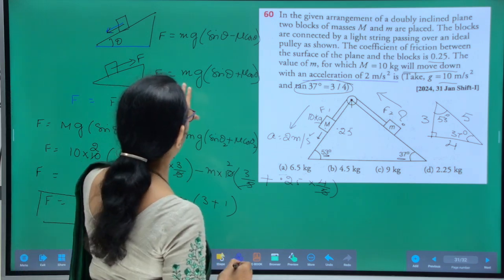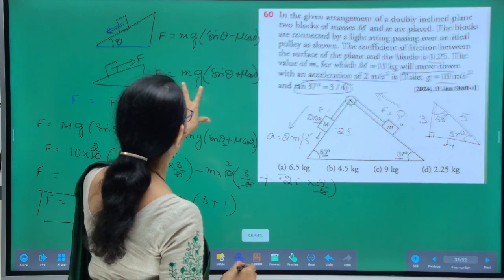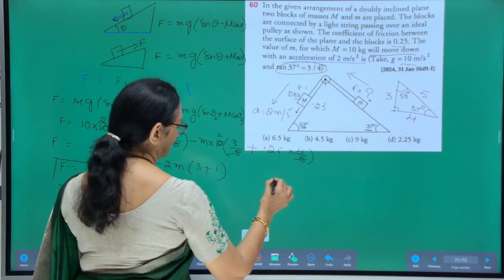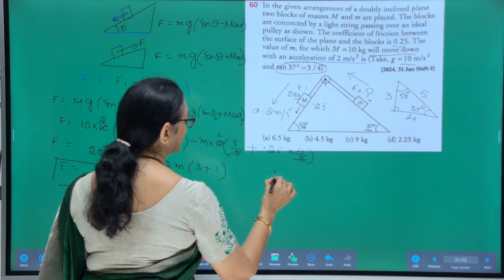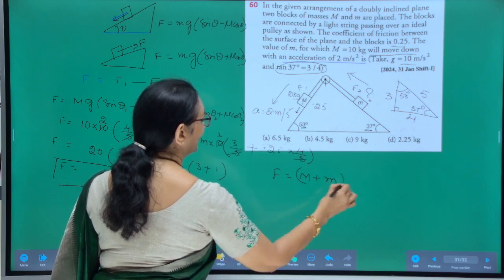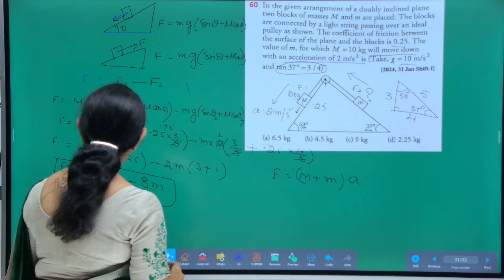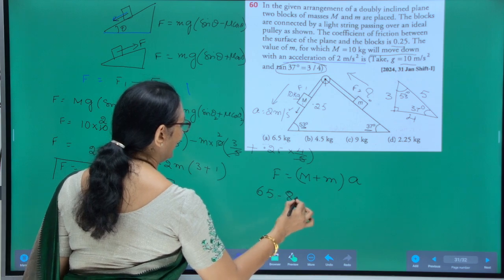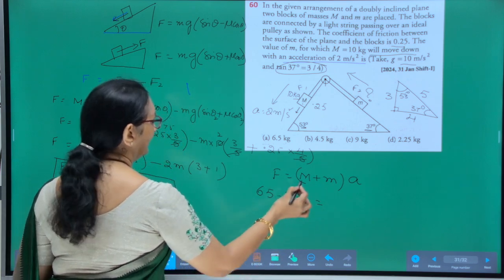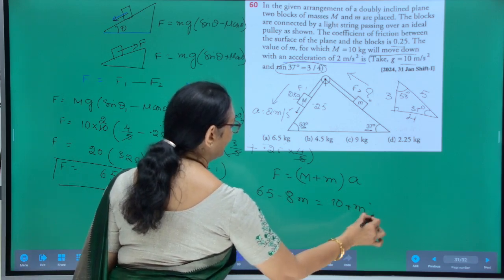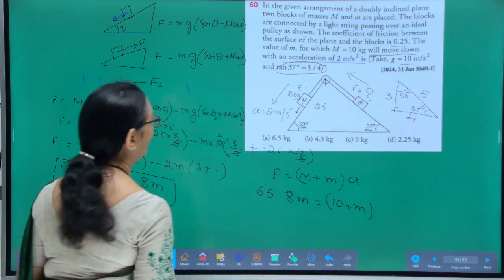Force is equal to m into a, isn't it? So here net force is equal to M plus m into a. F is 65 minus 8m. M plus m is 10 plus m into a.